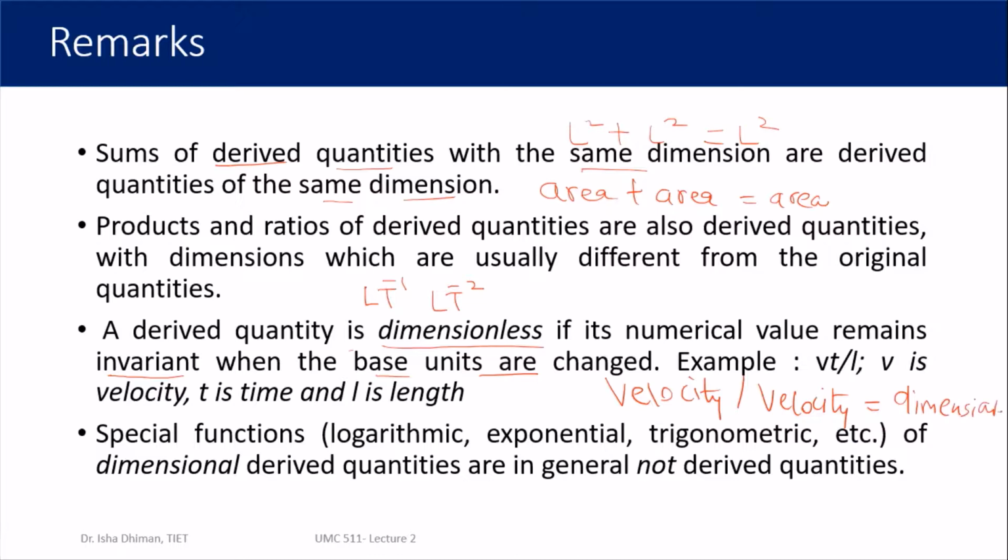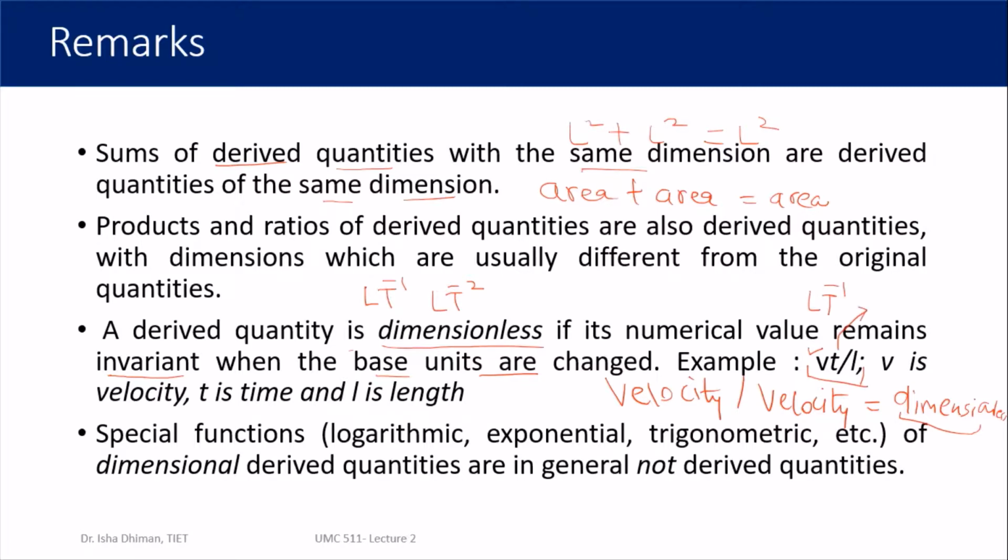So what physically it will be representing, that can be a constant, because when you divide the same dimension quantities, definitely you are going to get dimensionless quantities. Or another way to obtain a dimensionless quantity is this, like Vt by L is also dimensionless. V is velocity, its dimension is LT^-1.